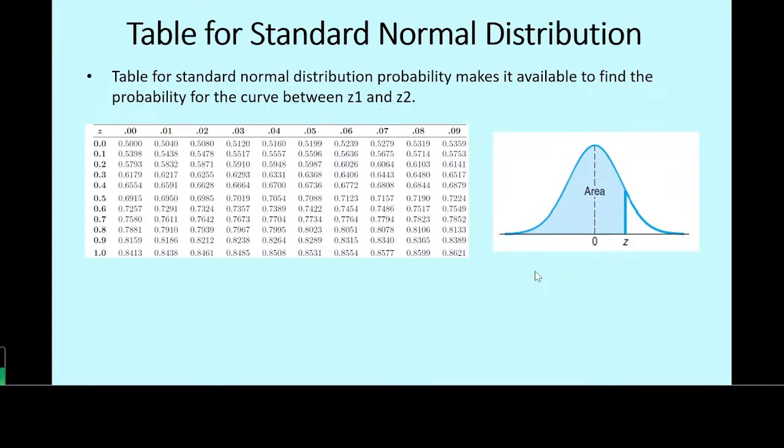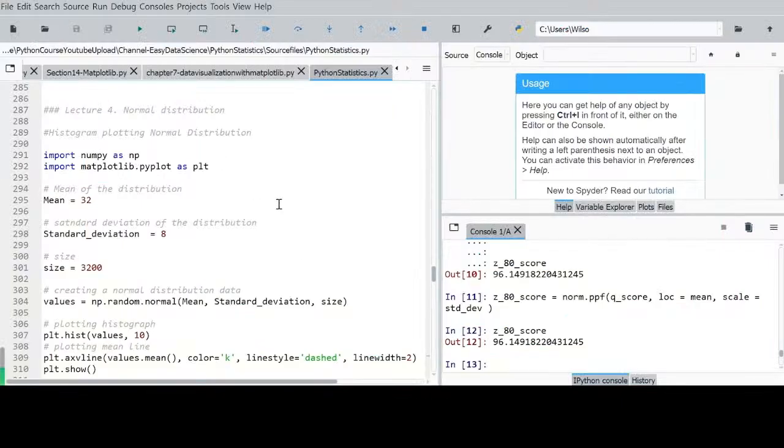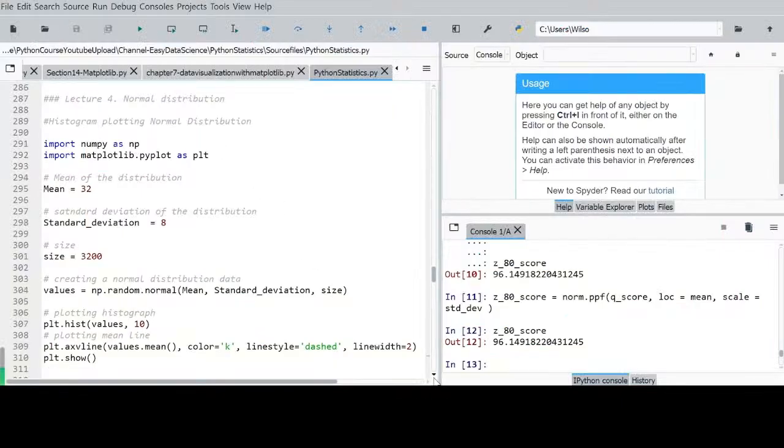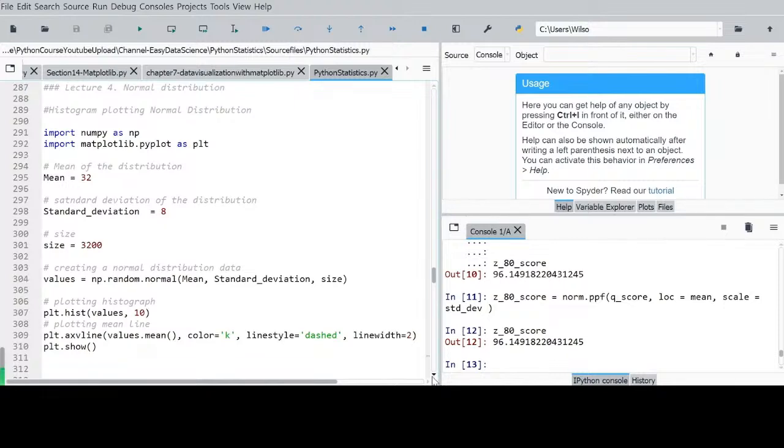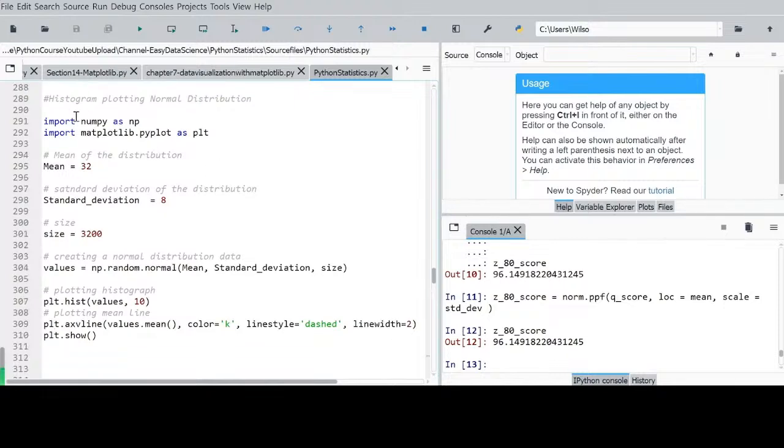Next we will show some examples of using normal distributions in Python programming. We go to Spyder from Anaconda, and the first example shows a histogram plotting a normal distribution. We load the NumPy module and the matplotlib module for plotting.